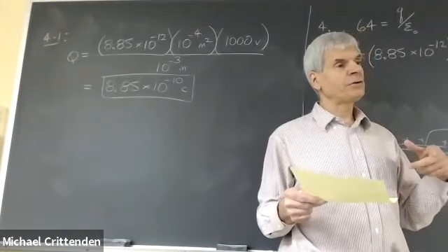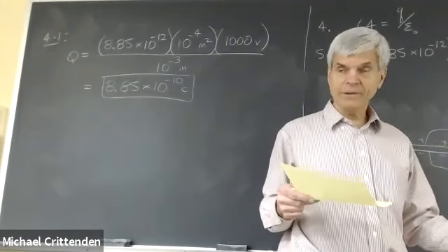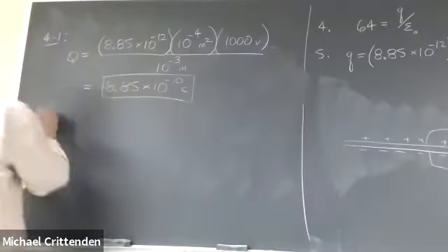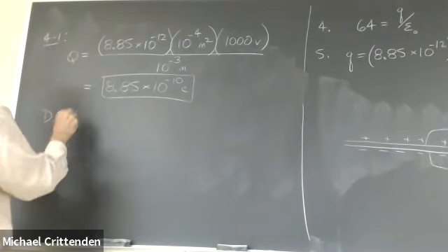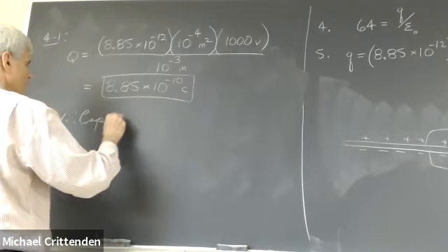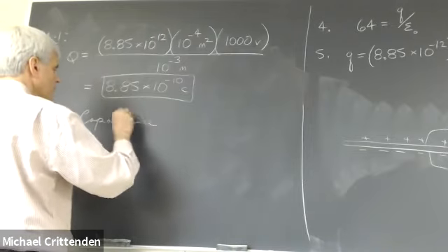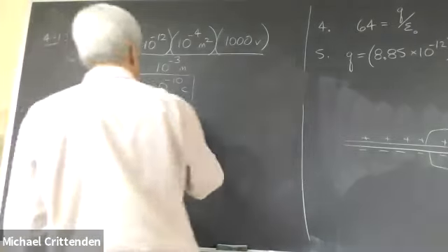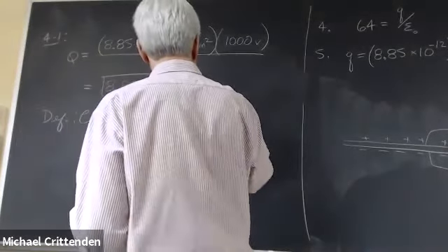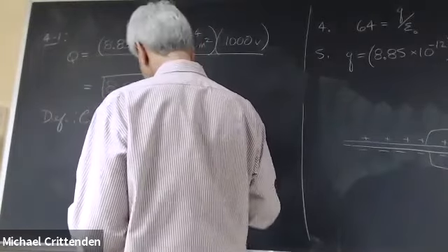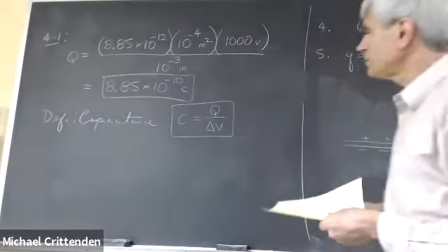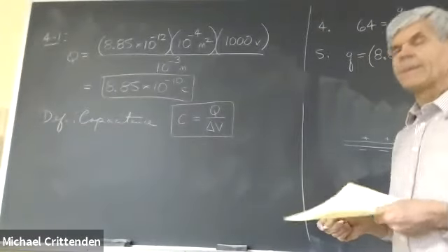The charge stored per volt is called the capacitance of the device. So, definition. Capacitance, C, charge stored per volt, Q over delta V.